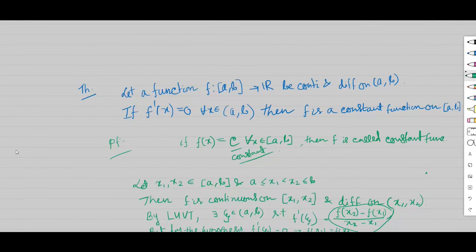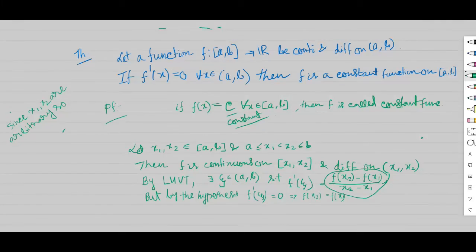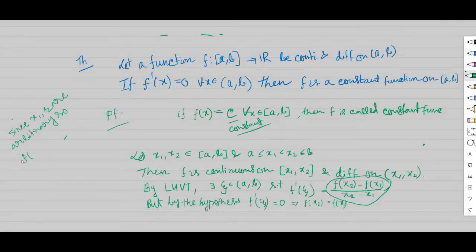So since x1 and x2 are arbitrary, f(x) is equal to f(y) for any x, y from the closed interval a comma b.